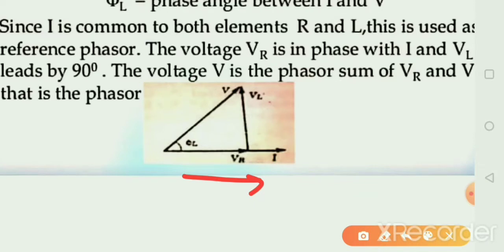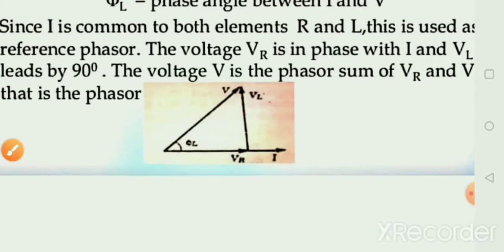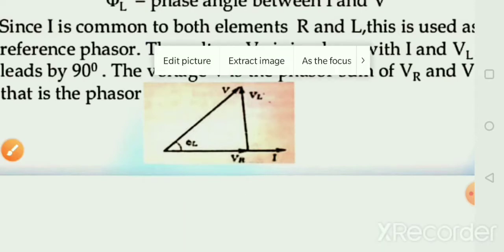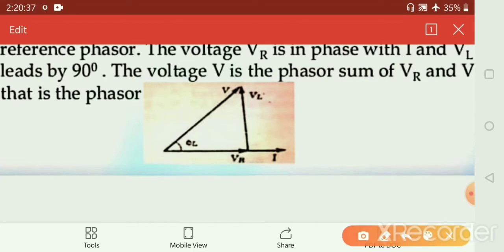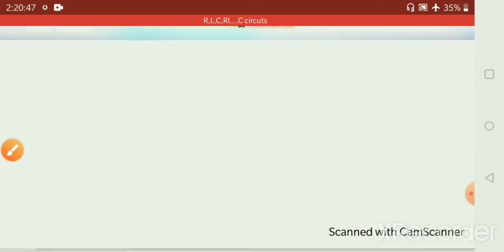And we know that in the inductor case, if we take this current as reference, then the voltage leads the current by 90 degree. So this is the voltage drop across the inductor, and this is the resultant of VR and VL, which is called the voltage across the RL circuit.